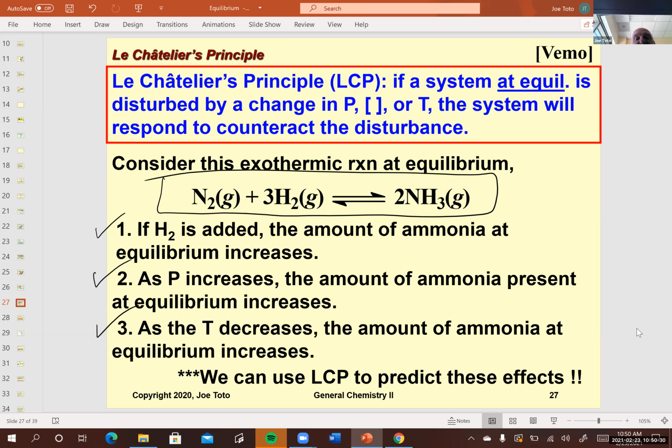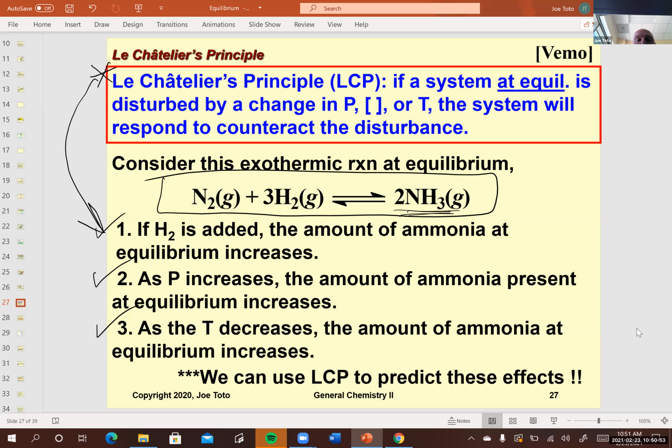If temperature is decreased, it shifts to the right. So these are all stresses that you can put on this equilibrium to make more product.